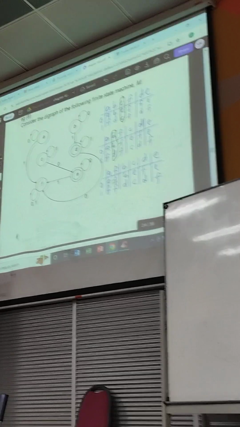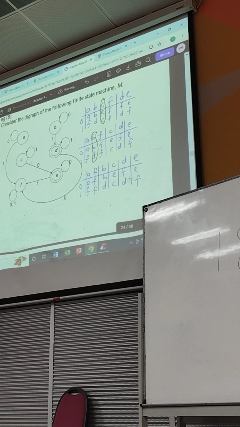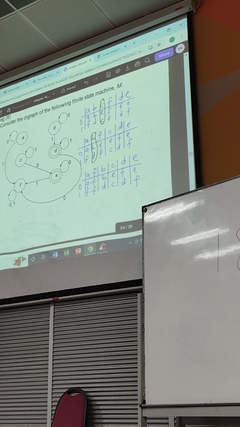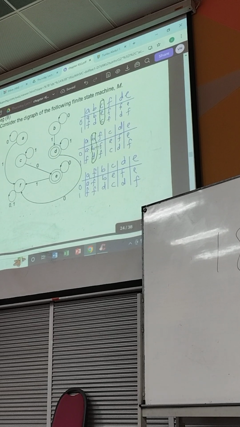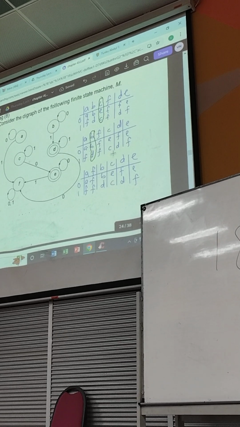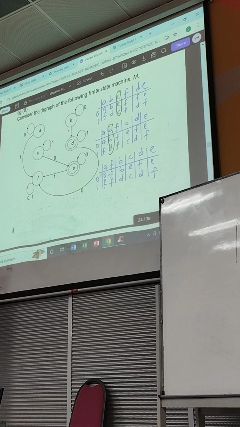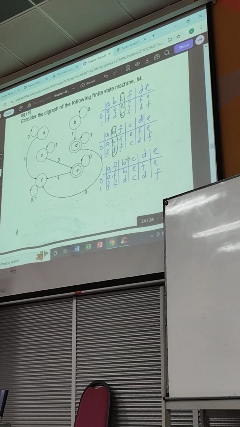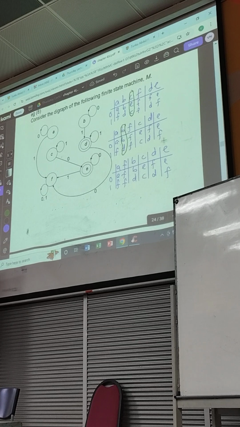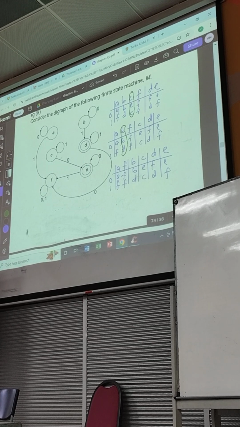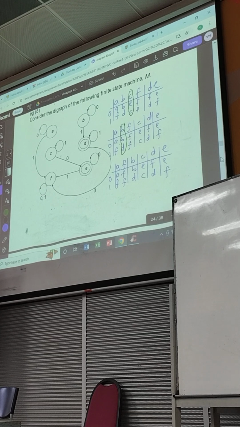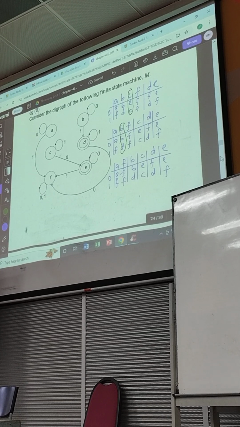Only check the ones that have more than 1. So AF, same class? FF? Can we stop now? Not stop the class, stop the dividing. So how many classes do we have? 1, 2, 3, 4, 5. 5 classes, meaning that we already get the machine congruence. So this is your part B.